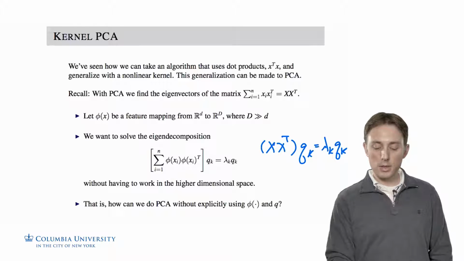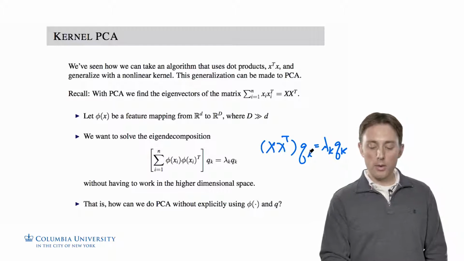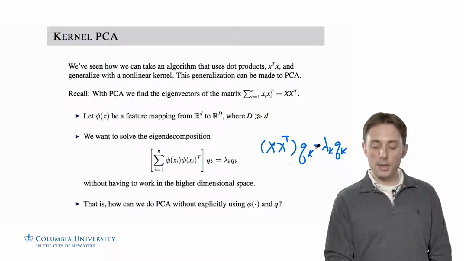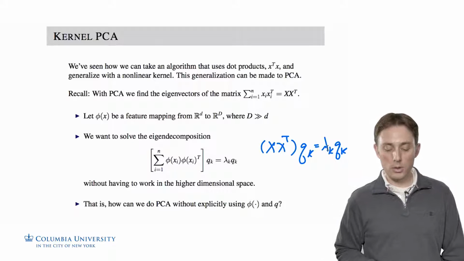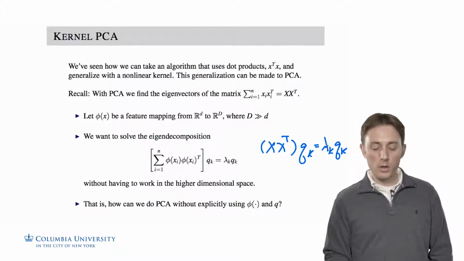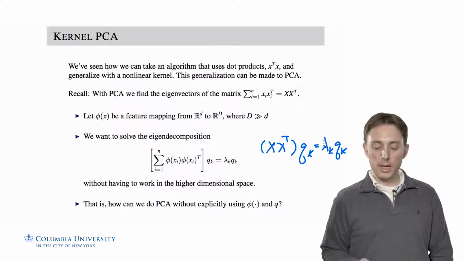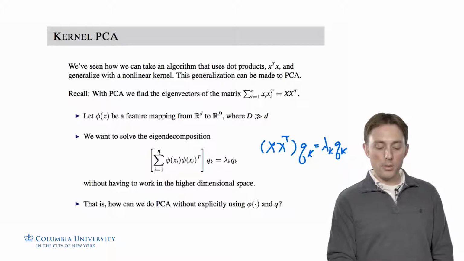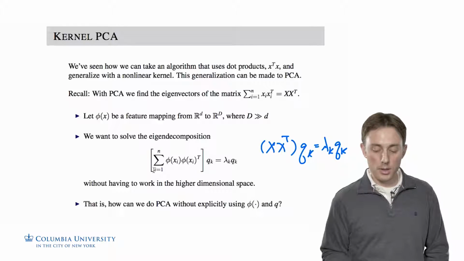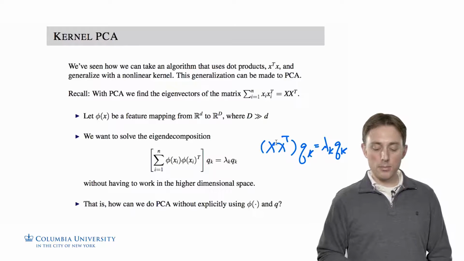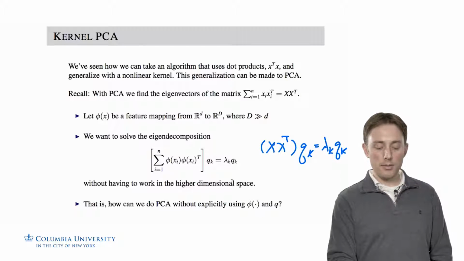Previously we didn't use the subscript k. However, there are k of these pairs. There are many of these pairs that we can learn, and we sort them by decreasing order in terms of lambda. So now we want to find the vector q and the eigenvalue lambda for the matrix from this higher dimensional projection. So instead of having this original dimensional data, we project it to higher dimensions and we have this problem.